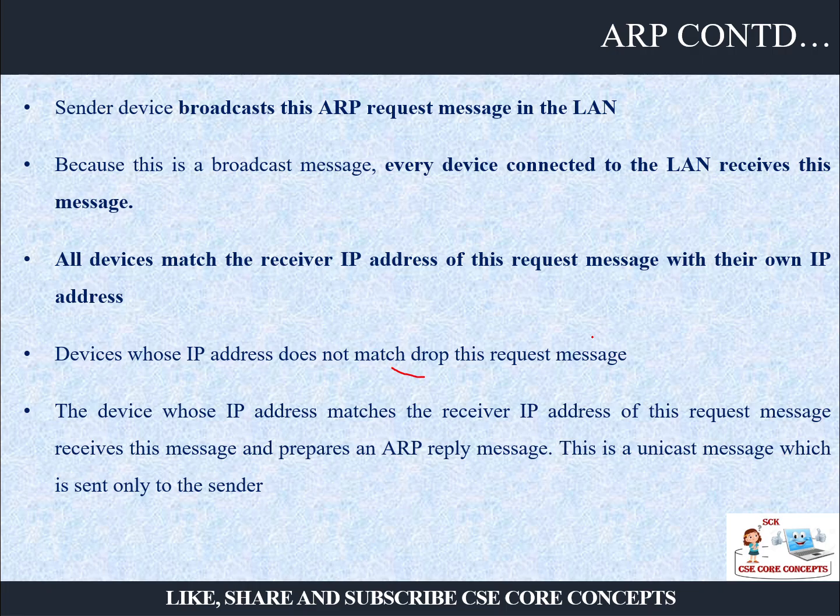And the device whose IP address matches the IP address in the request message will prepare an ARP reply message. This reply message is a unicast message. The sender's request message was broadcast because you are broadcasting it to all the devices to find out the IP. But whoever's IP address matches will send only to the sender, so the reply is a unicast message.